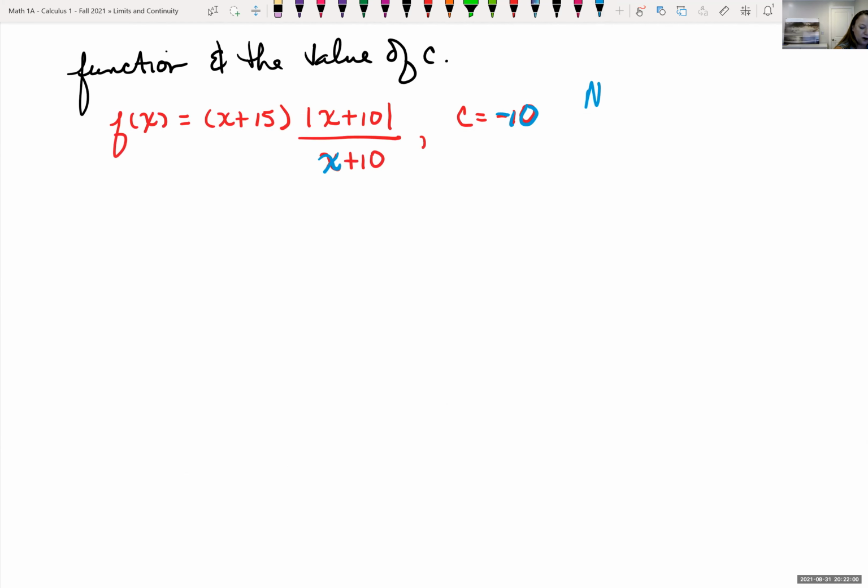And we've seen that before, where a function might not have been defined at the value we approached our limit. So notice that x cannot equal negative 10. x equals negative 10 is not part of the domain.